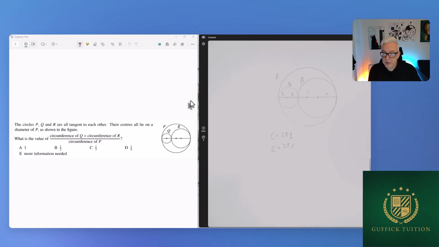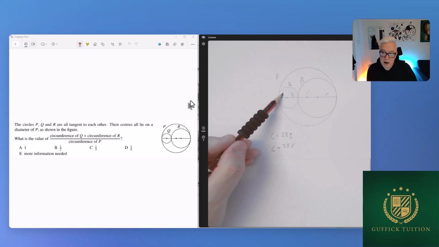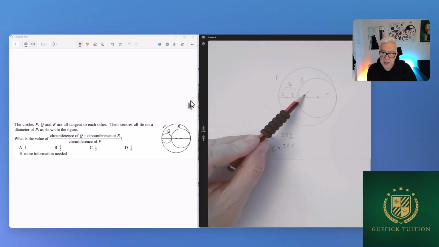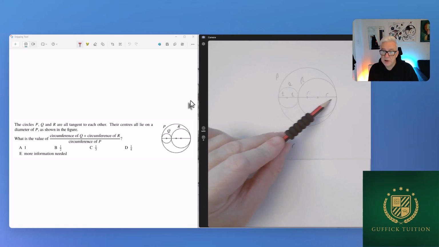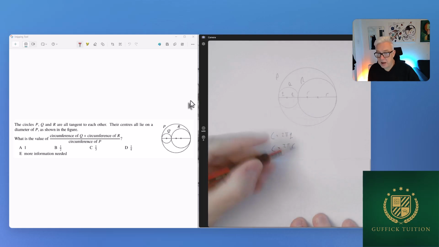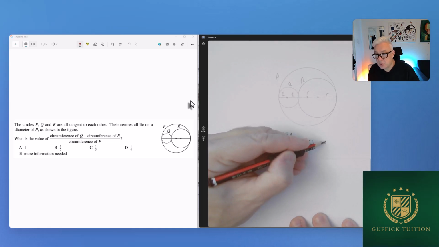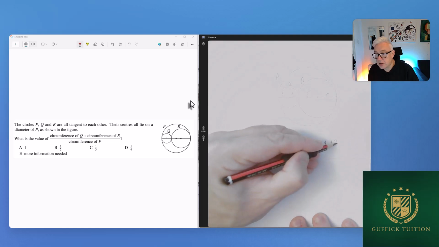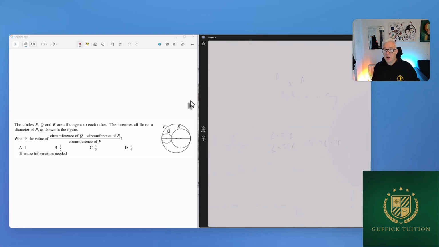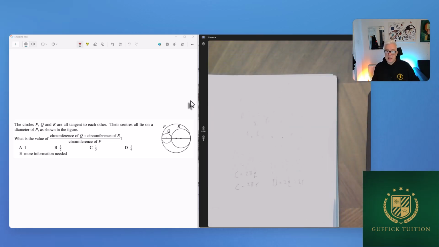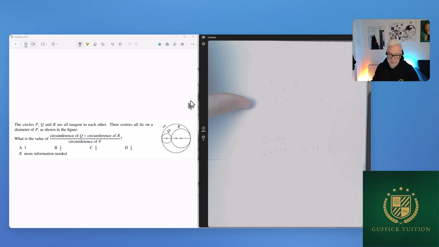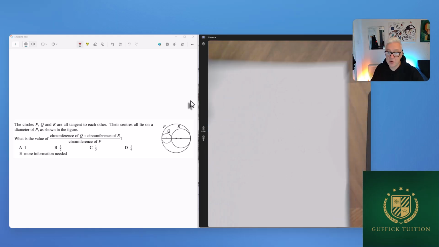Now, what about the circumference of P? Well, you'll notice that we've got a radius there, a radius there, a radius there, and a radius there. So the diameter of P is 2Q plus 2R. We need to halve that in order to get an expression for the radius.